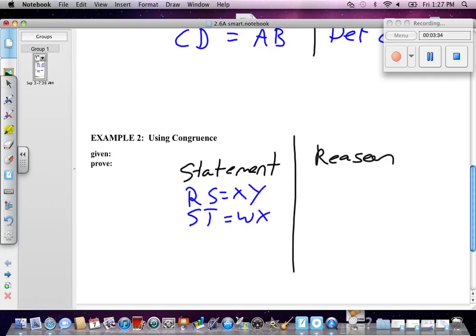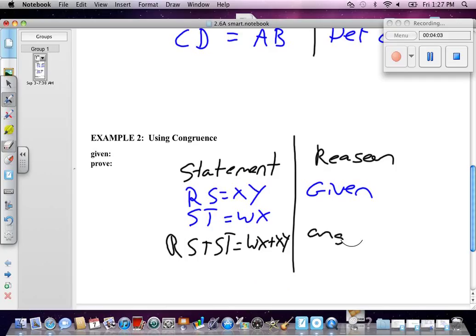What do we call that? Given. Good. And then this says that RS plus ST equals WX plus XY. What do we call that? Angle addition, yeah? And you mean segment? Segment addition. Yes, I do.